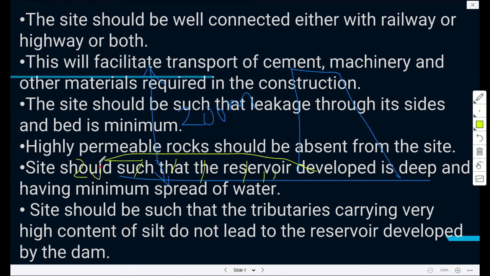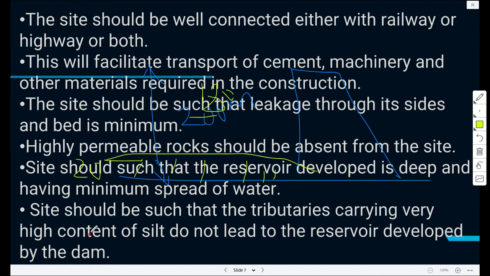Then the height is no longer 200, you have 180. This problem will affect the amount of water impounded, which will affect a hydroelectric dam, so siltation is one problem.